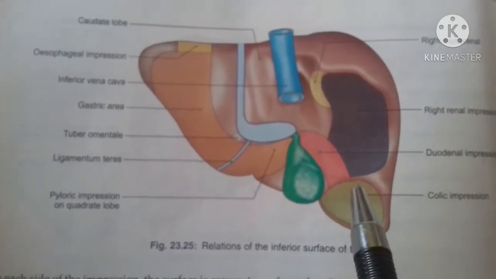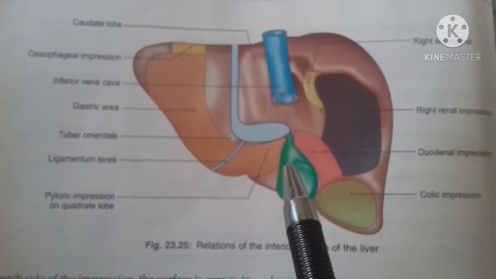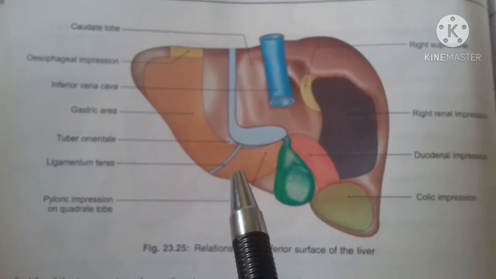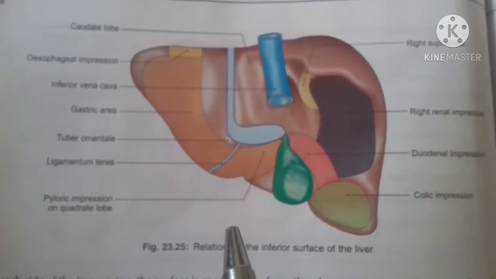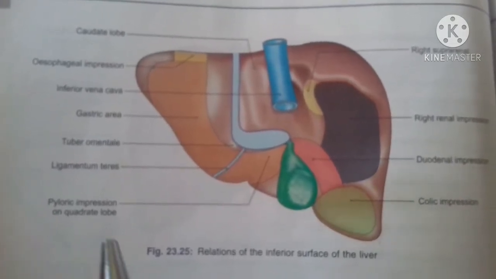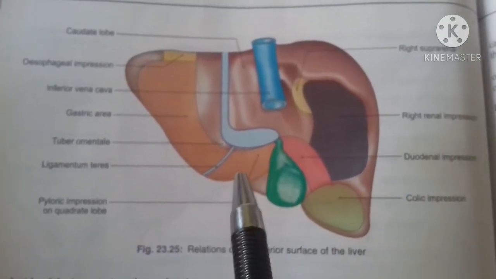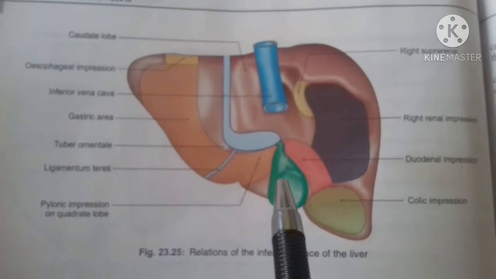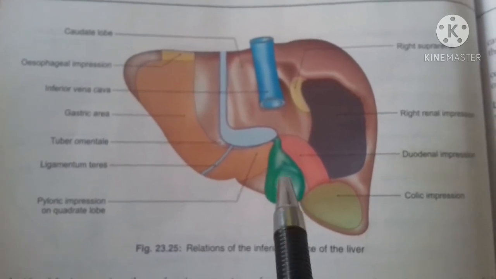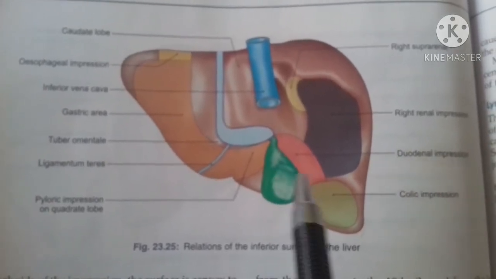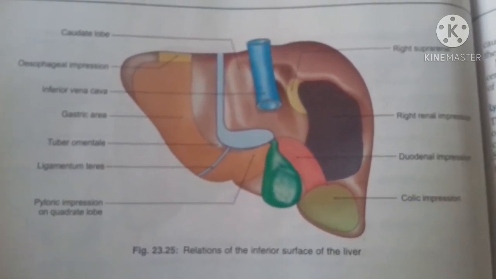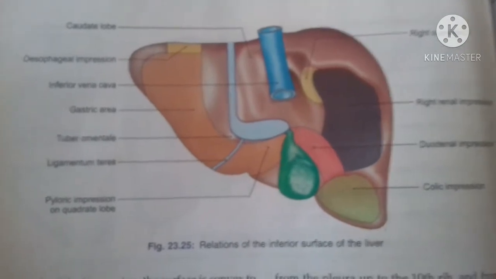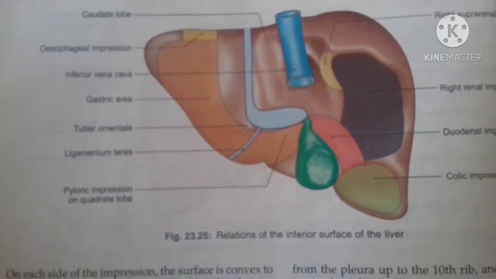To the right of the fossa for the gallbladder, at its extreme right, there is a colic impression. Those are the inferior surface relations.